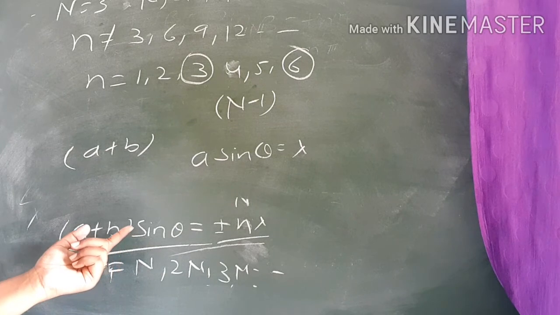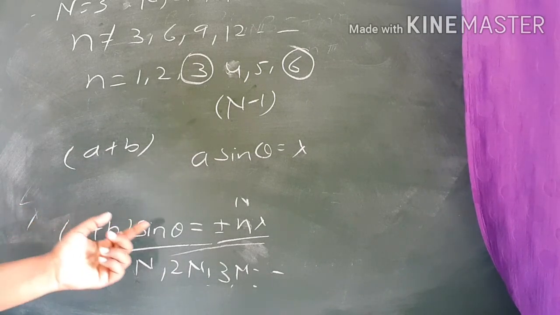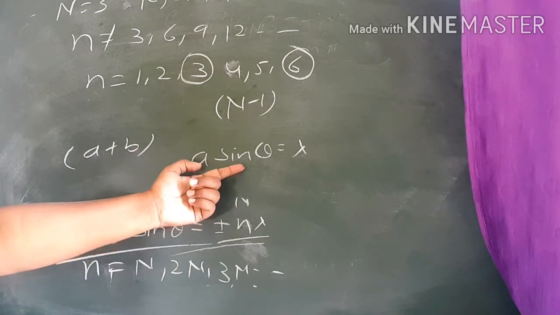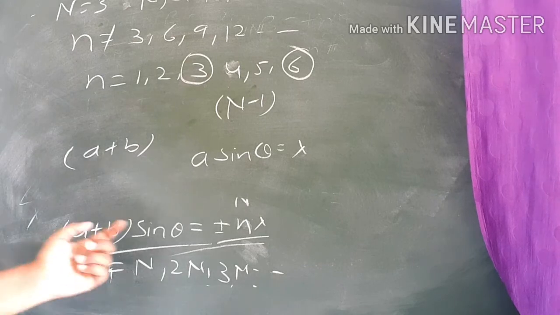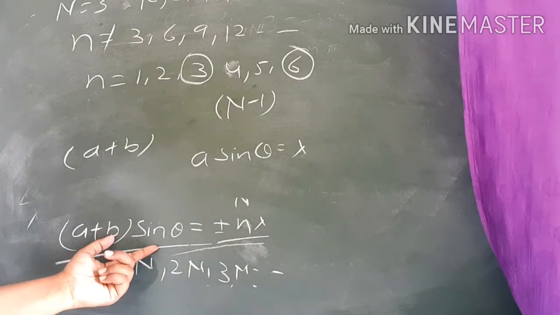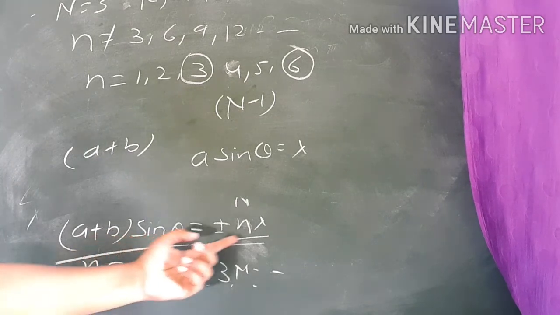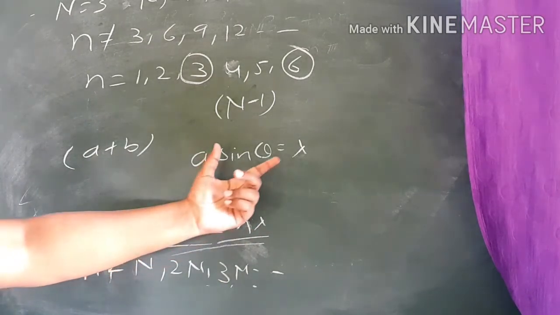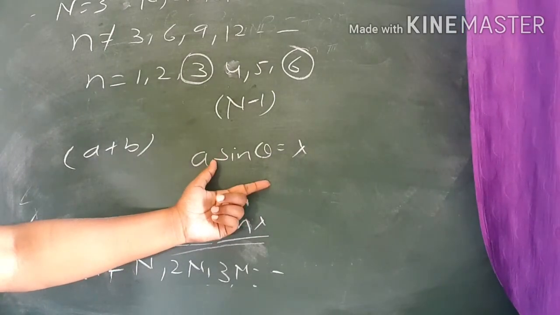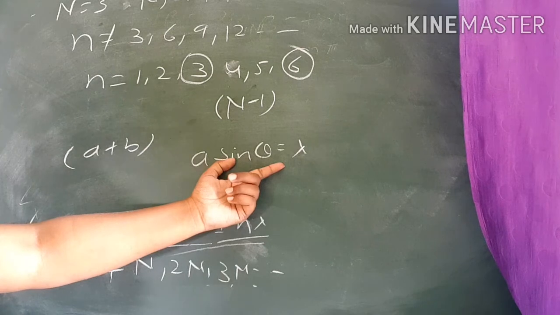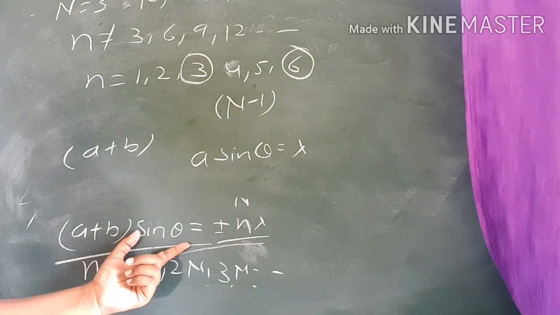then this is the condition for maxima for interfering rays. In case of interference, this is the condition for maxima, and this is the condition for minima due to diffracted rays.